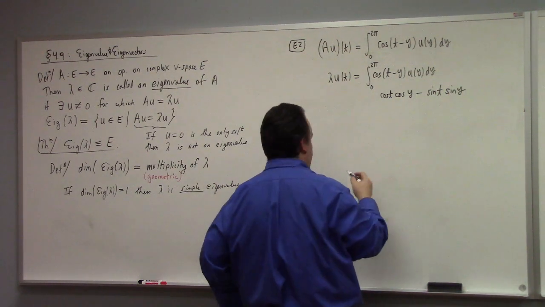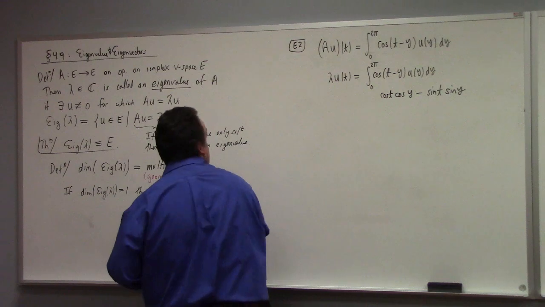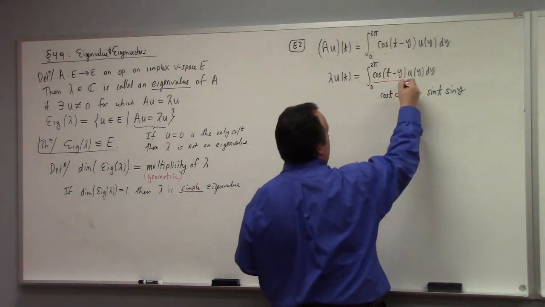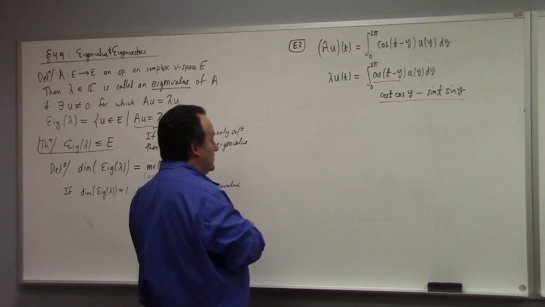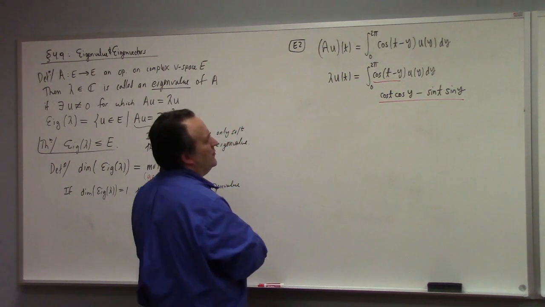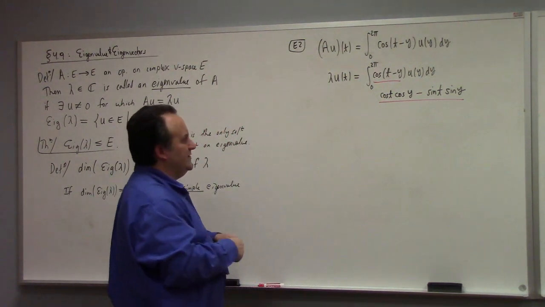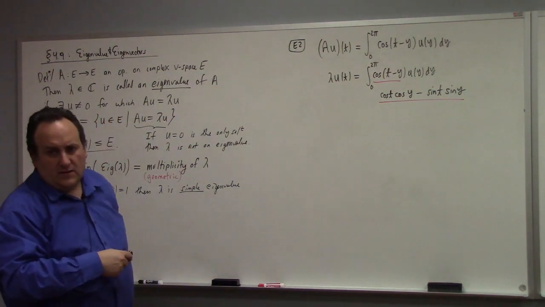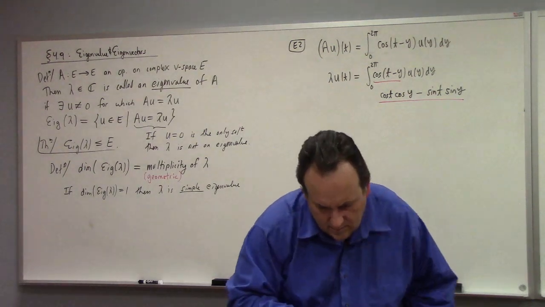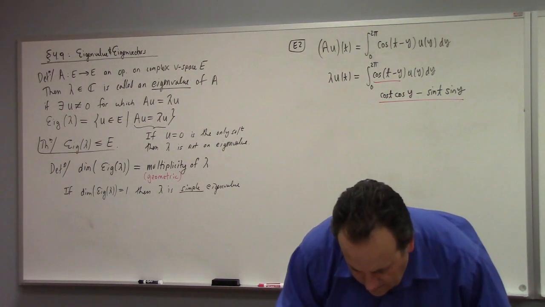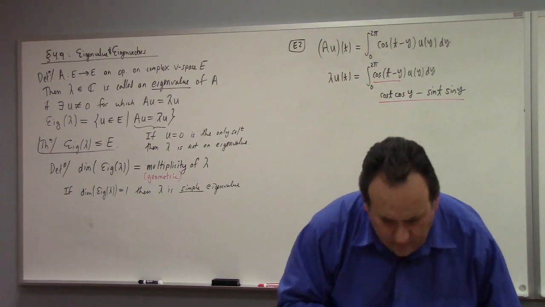And what happens when you integrate that thing? Oh, we don't know. It's got that multiplication by u of y. So I guess he just breaks it up.